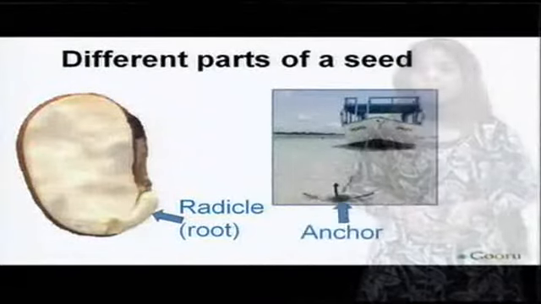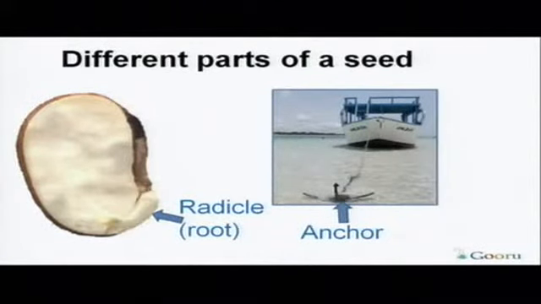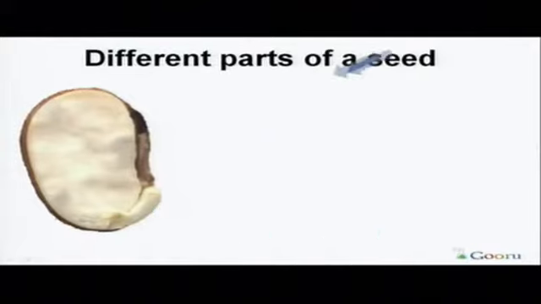And we can compare it to the anchor of a ship. Just like an anchor of a ship, when we want to stop the ship in the middle of the sea, we just throw the anchor under the water and it grounds the ship. In the same way, radicle also grounds the plant and it gives complete support to the plant.